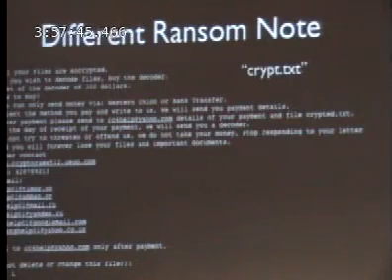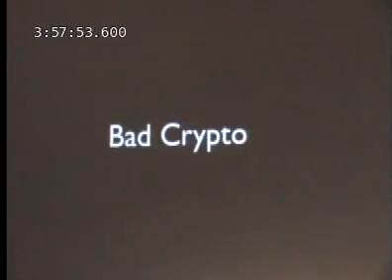But this is another example. A lot of these seem to be Russian in origin. So there's a lot of bad crypto floating around, because this stuff isn't written by computer scientists.